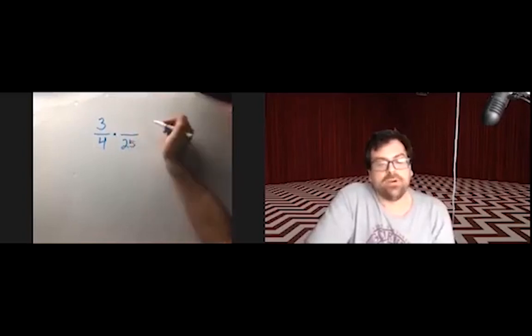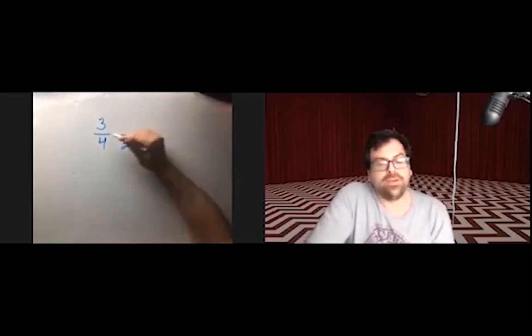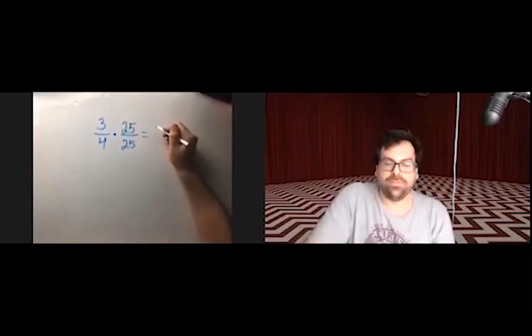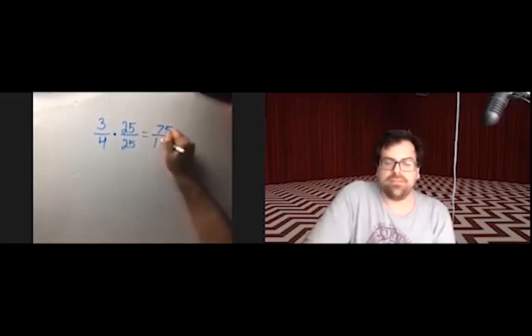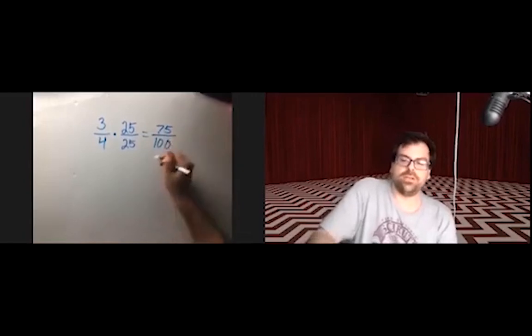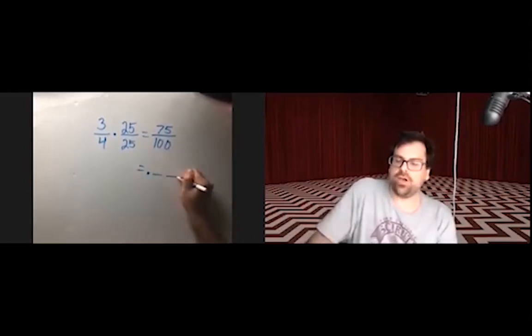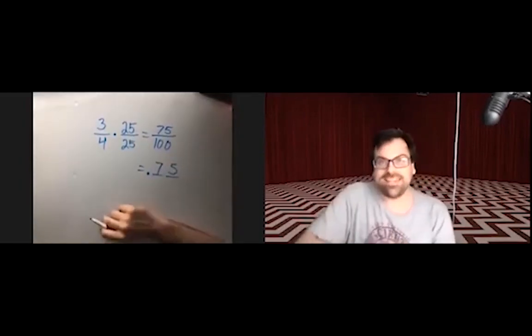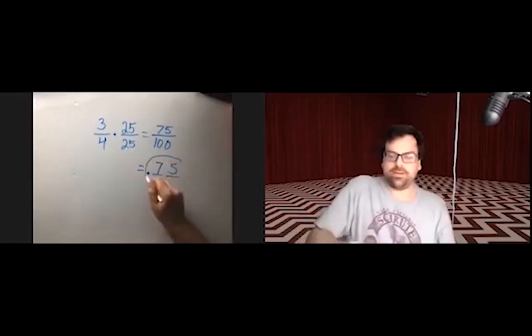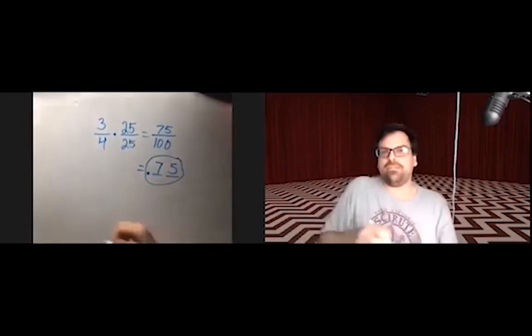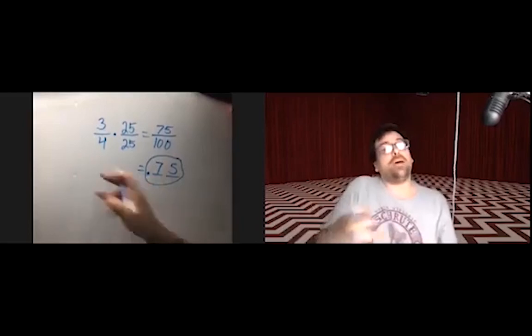We can multiply 4 by 25. To keep it equivalent, we would multiply the top by 25 because 25/25 is 1. And we get 75/100, 75 hundredths, tenths, hundredths, the number 75 ending in the hundredth spot. 0.75 is 3/4.